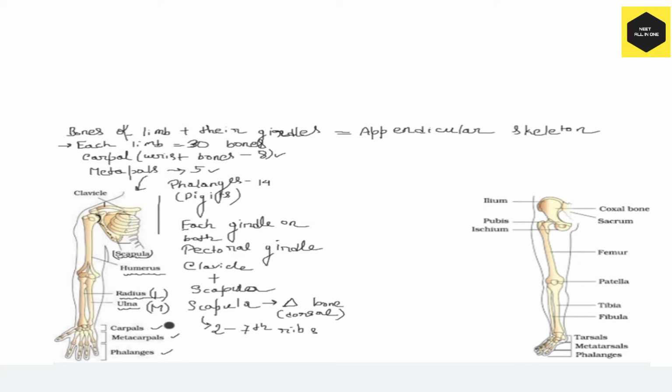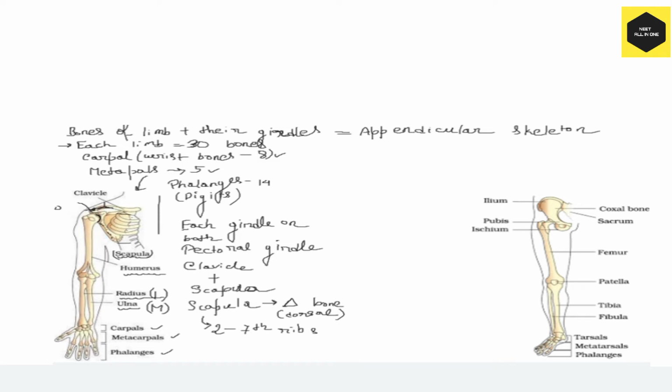Now, this scapula has an extended part. This portion is called the acromion. See, this is the clavicle, this portion is the acromion, and the clavicle actually articulates with the acromion part of the scapula.